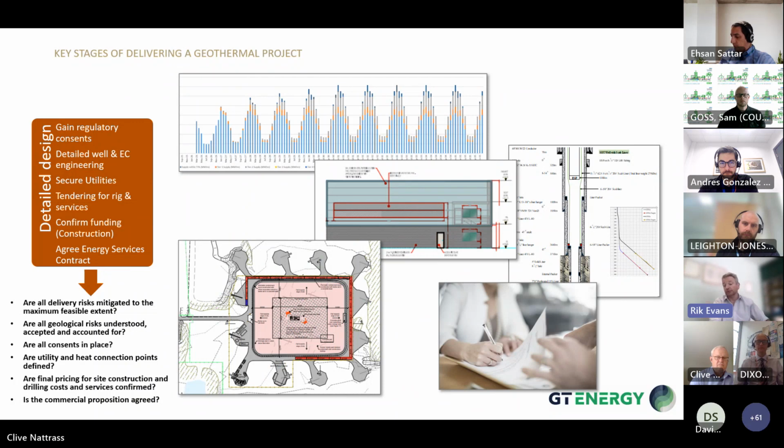So that all comes together as a commercial package, which has a number associated with it, and that number is a unit price per heat. As I said earlier on, typically the developer will be absorbing all of the costs associated with this, and then is paid back through a long-term energy supply agreement.